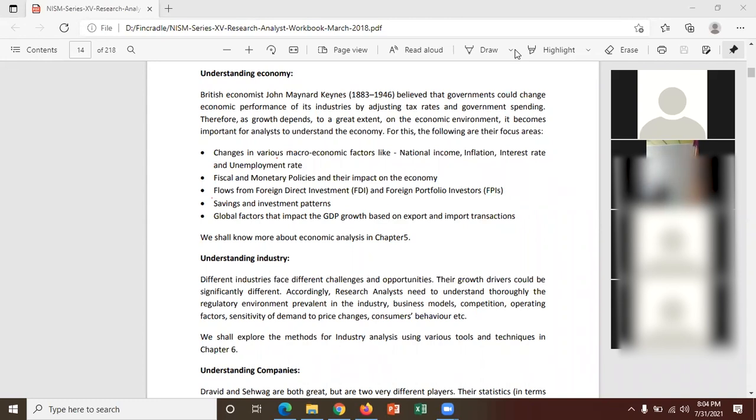Confirm first. Rahul is saying 11. Piyush is saying 15. 11.